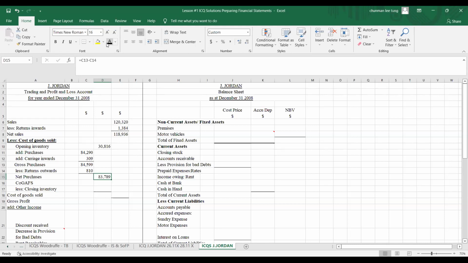How do we get our cost of goods available for sale? Adriana or Carissa, what is our cost of goods available for sale? How do we get that figure? Good.